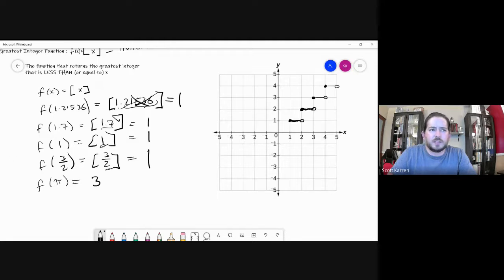And it goes the other way as well. F of 0 is 0. F of 0 point anything is 0 until you get to 1. And then we see stuff like this happening. Right? And it goes in this other direction as well. Oh, they've got it right here. Thank God, because I don't want to write this.